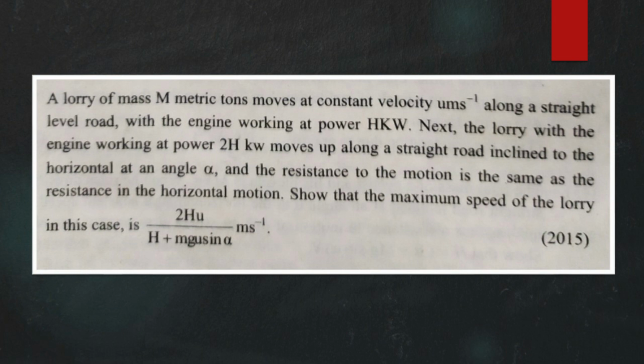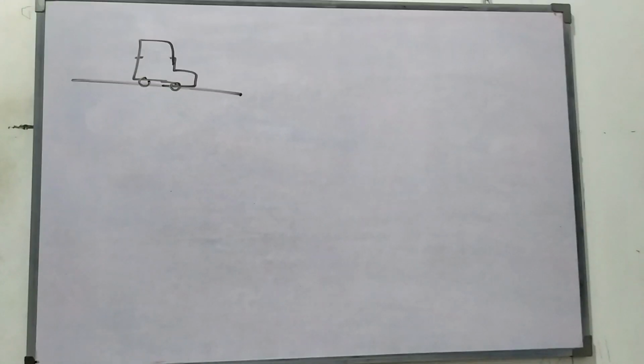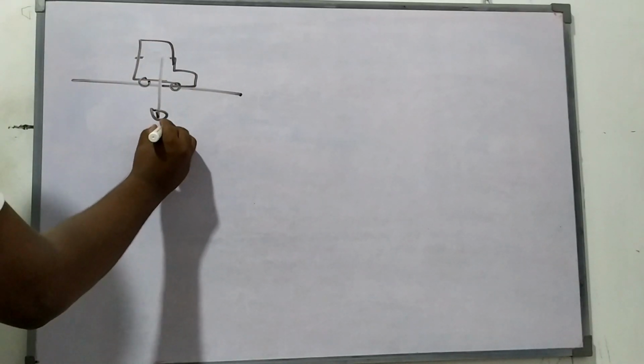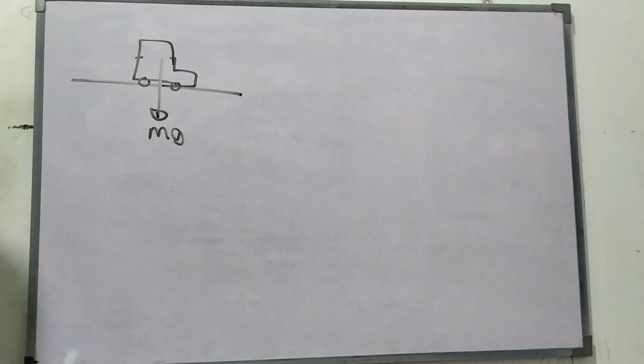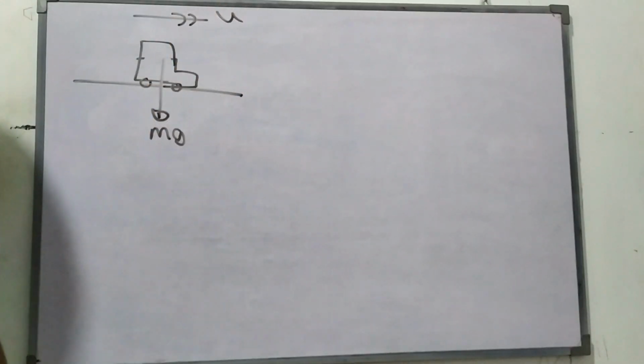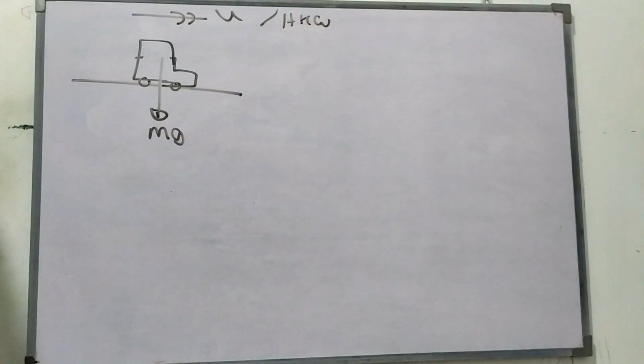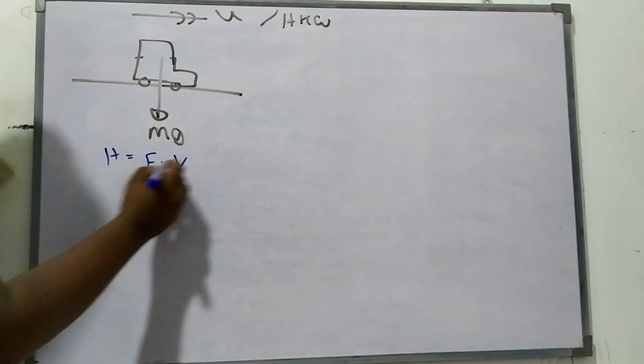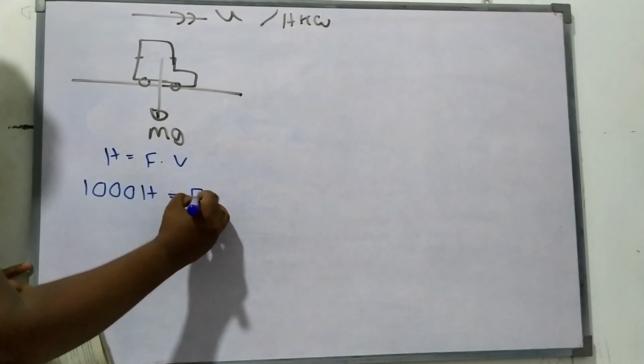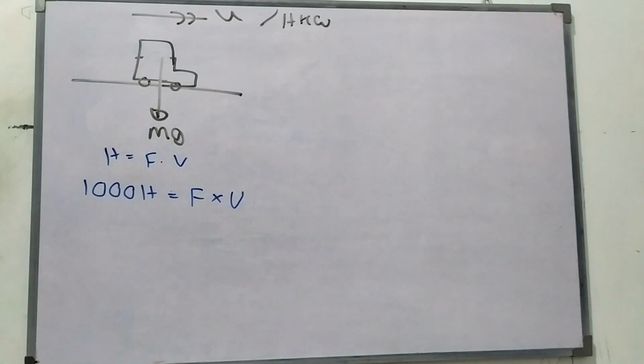Okay. So I'm going to draw the diagram. The first lorry. Alright, mass is mg, h kilowatt. H equals FV, 1000 H equals F into V. The V means U, no?